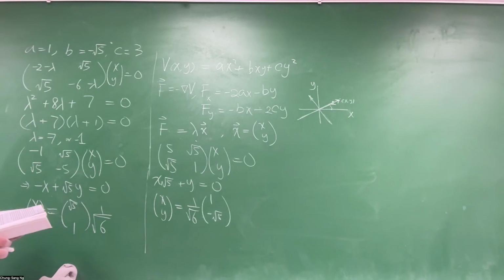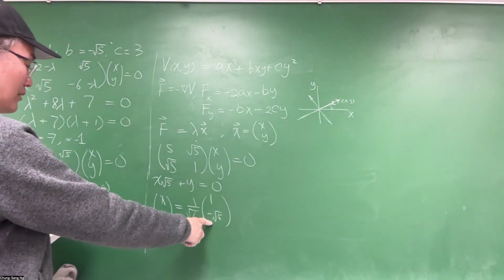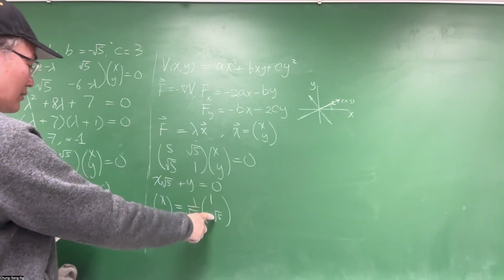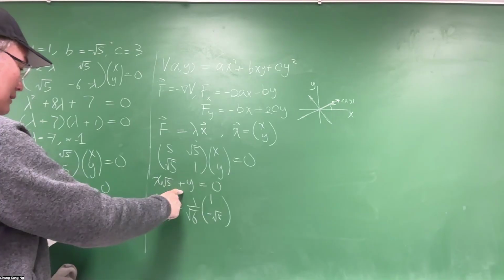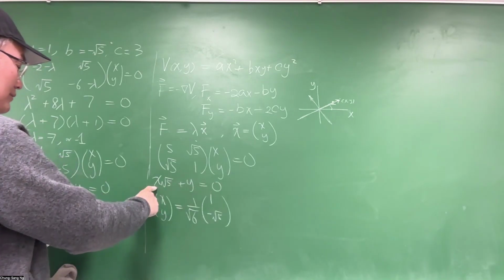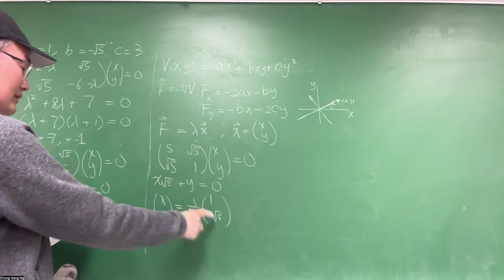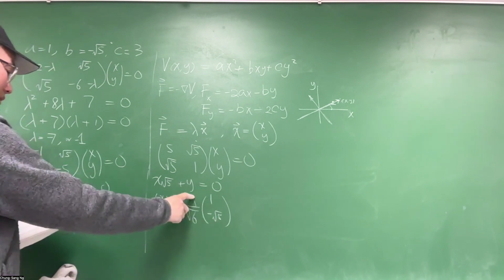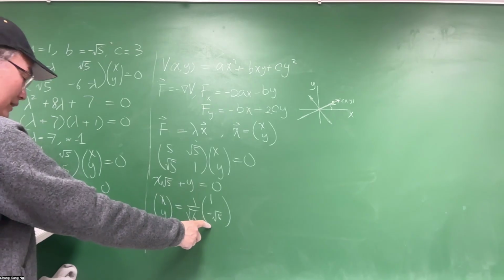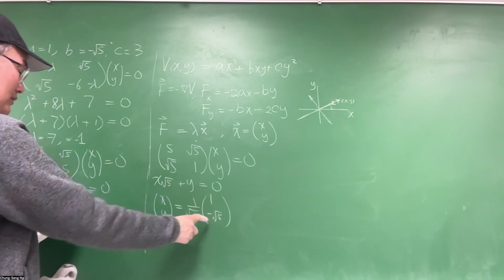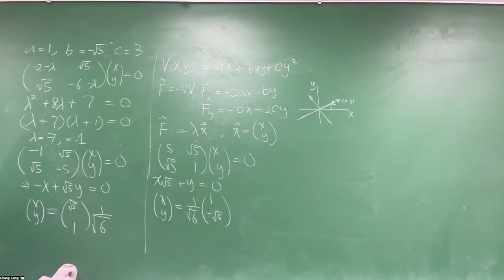The magnitude is 6, so you divide by the square root of that.